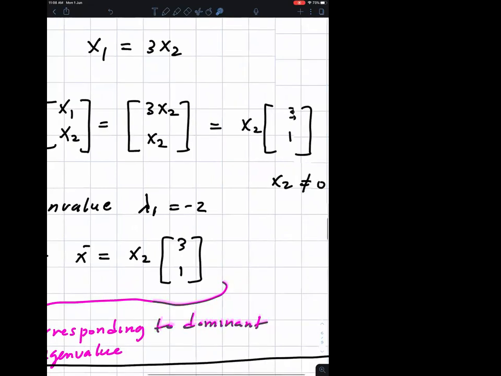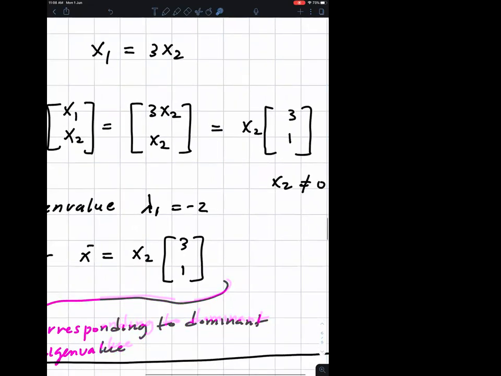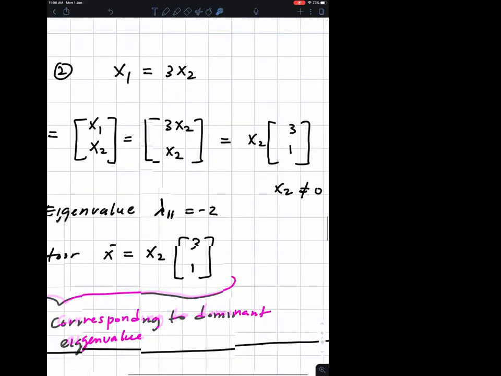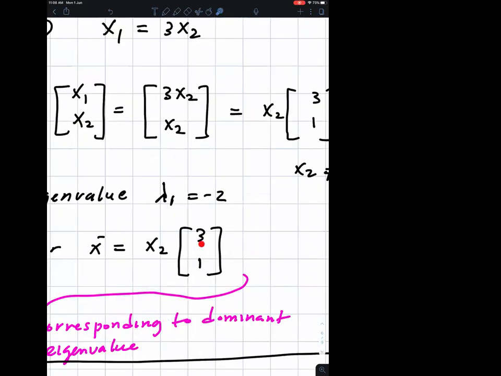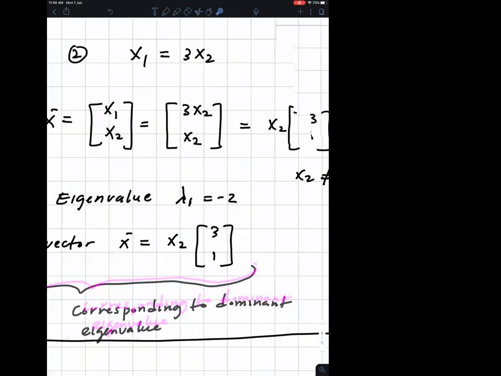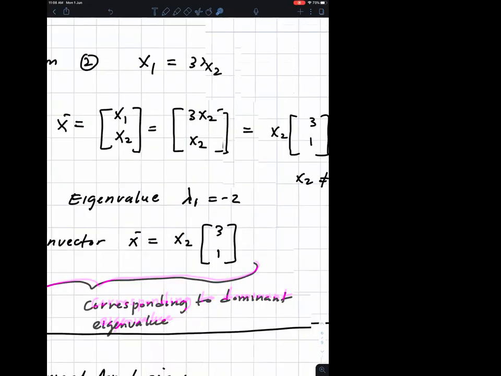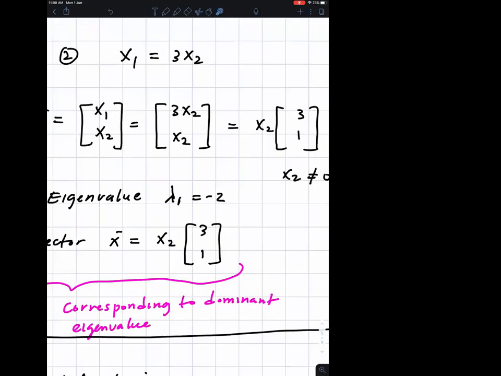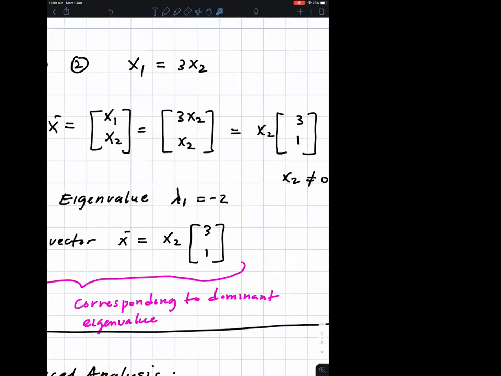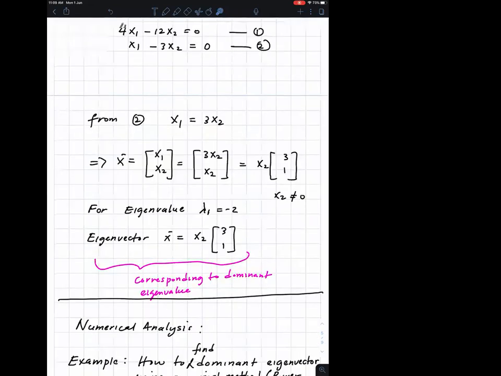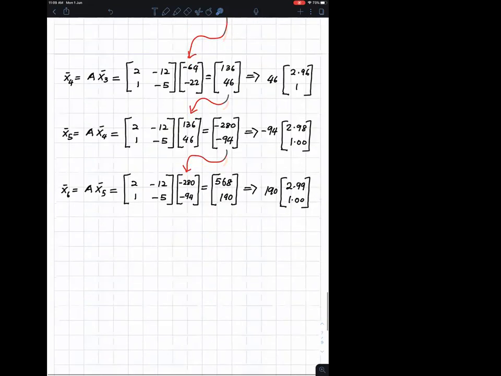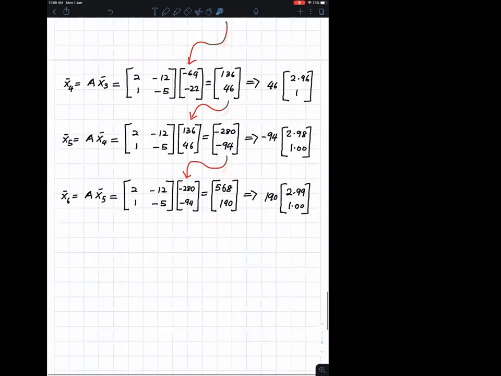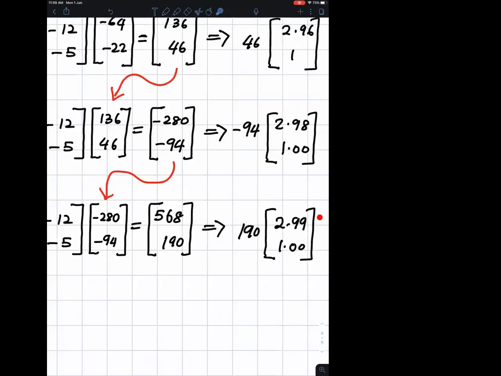Numerical analysis is not going to bring you right to 3, 1, but it's going to converge slowly to 3, 1. If it's converging to one specific value, then you can stop. You're happy with it. It's coming very close to 3. You can continue some more and get many more decimal places, depending on how much accuracy you want.